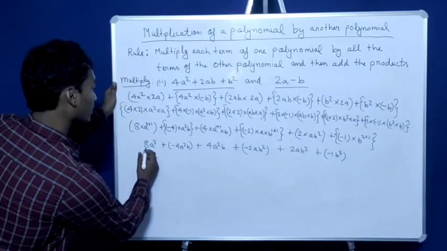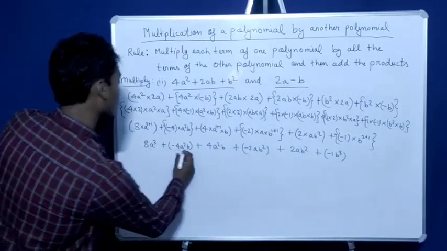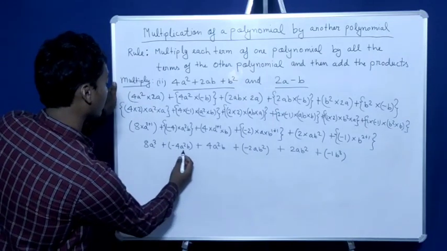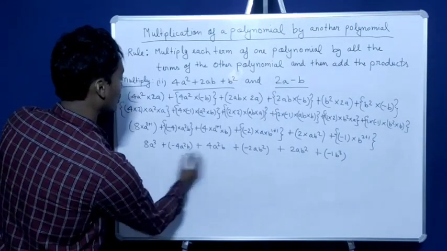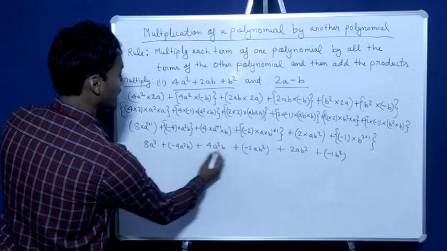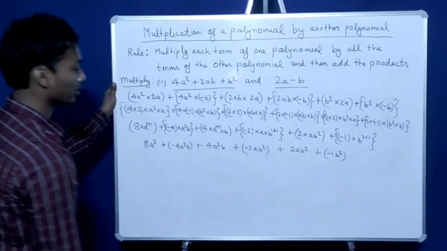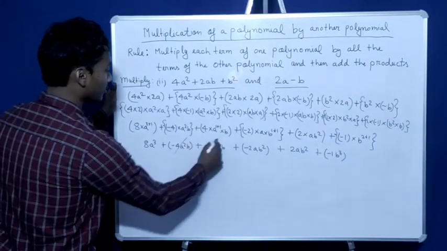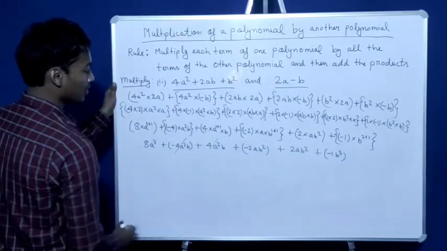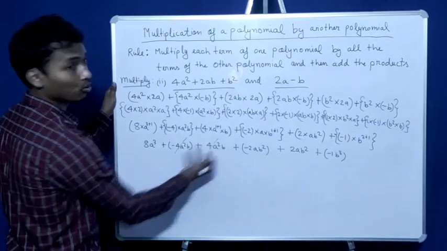So now let's see here, these two terms are like terms, a square b and a square b, so here we have -4a square b and here we have +4a square b, so they'll get cancelled, right? It means 0. 2 minus 2 means what? 0.